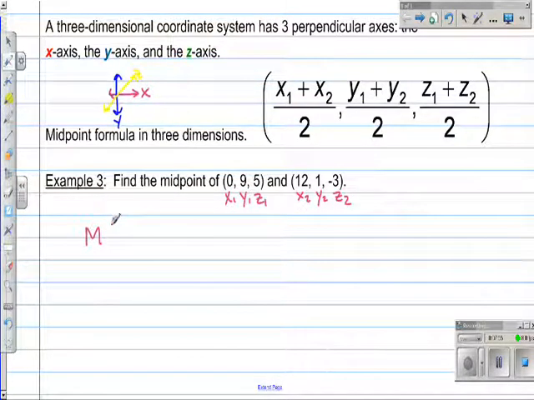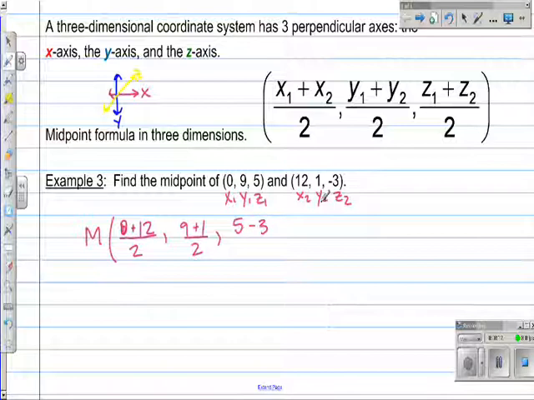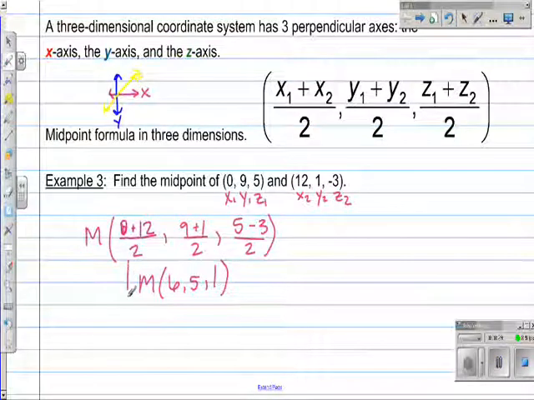So our midpoint would be x1 is 0 plus x2 is 12, all over 2, comma, our y's are 9 plus 1 over 2, our z's are 5 minus 3, and I did minus because it's plus a negative, which is the same thing as minus, over 2. So our midpoint is now 12 over 2 is 6, 9 plus 1 is 10, over 2 is 5, 5 minus 3 is 2, over 2 is 1. Okay, that's how you find the midpoint. Very simple. And we're done.